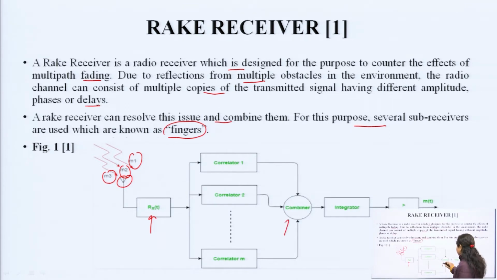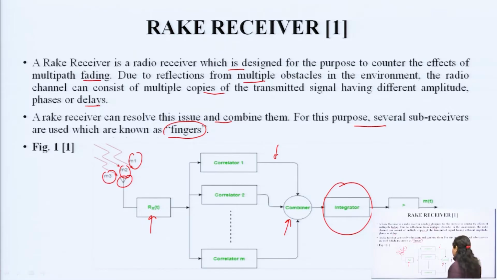Then this is applied to a combiner. The combiner is nothing but a sum: it calculates the sum of all the signals taken as output from the different correlators. Now, this is applied to an integrator, which integrates the signal.